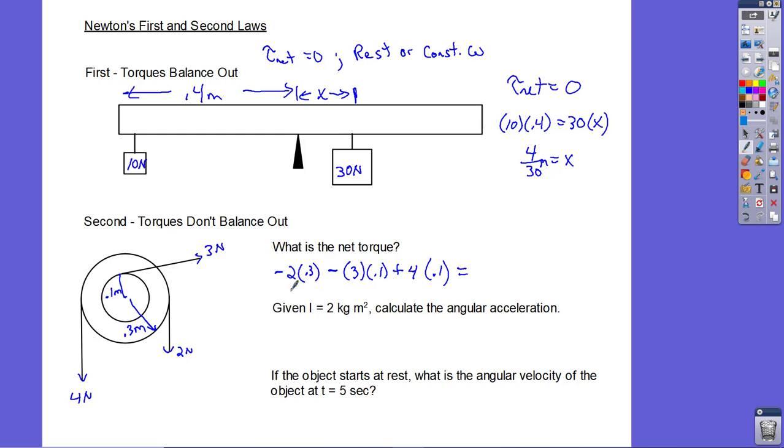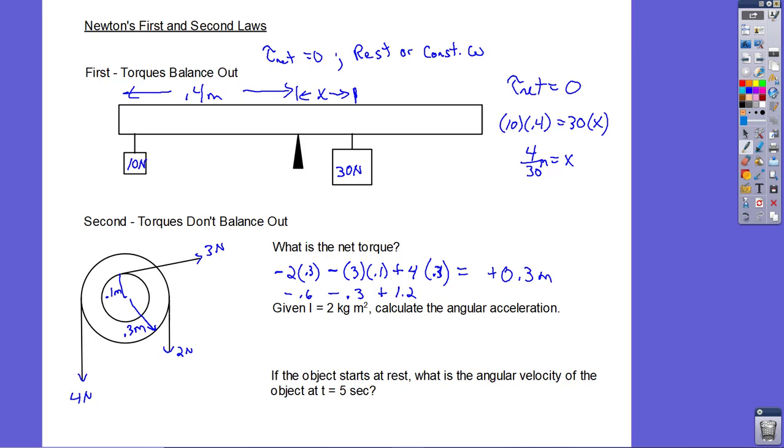And so if you look at that, we've got negative 0.6 minus 0.3 plus, oh, I'm sorry, this is not 0.1, that's 0.3 for that lever arm because it's all the way out there, plus 1.2. Okay, so we're going to have 1.2 minus 0.9, which gives us a net torque of positive 0.3 meters.